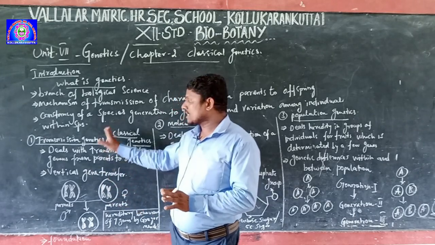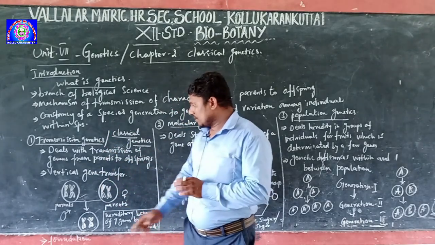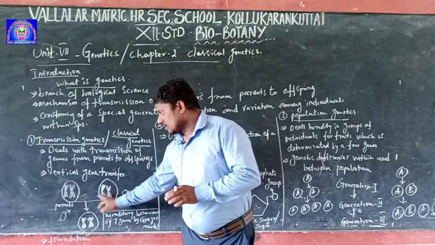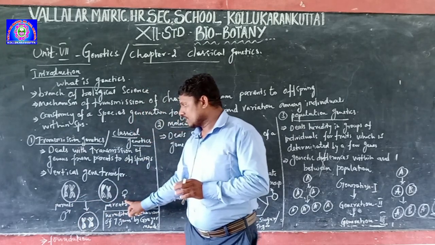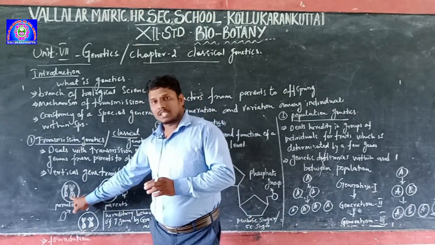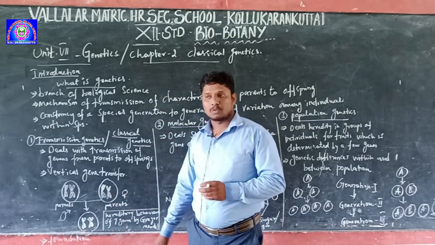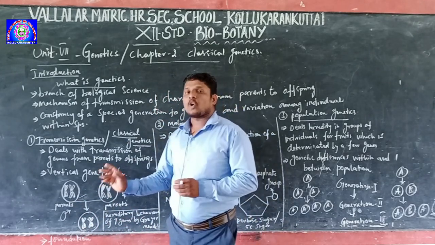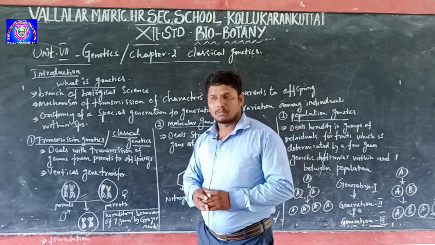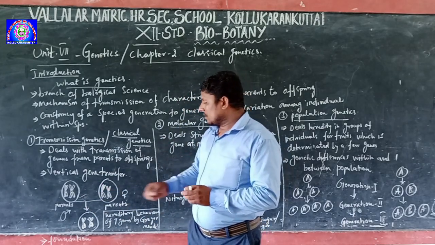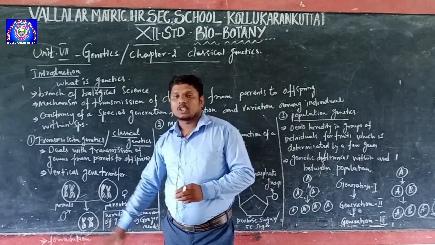Vertical gene transfer occurs in transmission genetics. For example, both parents, male and female. The male parent has 46 chromosomes and the female parent has the same 46 chromosomes. Both parents contribute 23 chromosomes to obtain an offspring like a daughter.